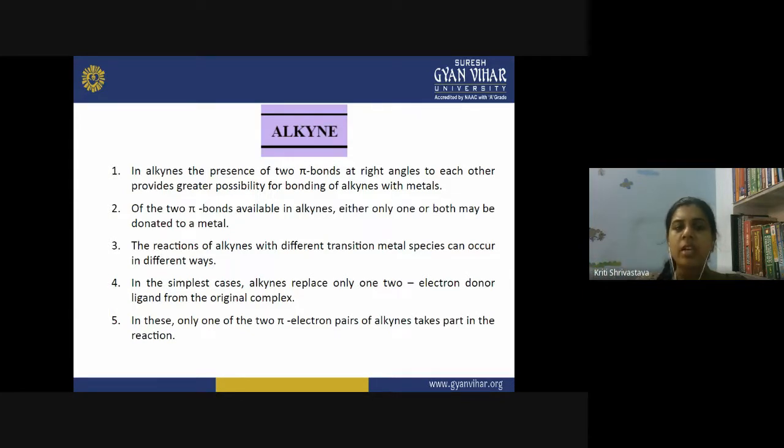So in these, only one of the two pi electron pairs of the alkyne takes part in the reaction. Only one pi bond of the alkyne is involved. So metal alkyne complexes are easier to form because we have two pi bonds available, but most of the time only one bond of the alkyne takes part in the bond formation.